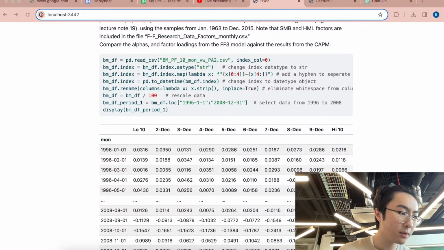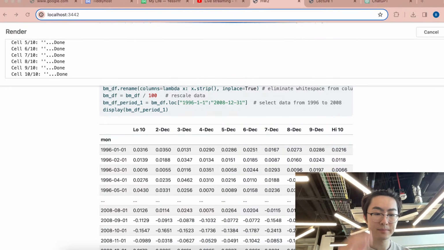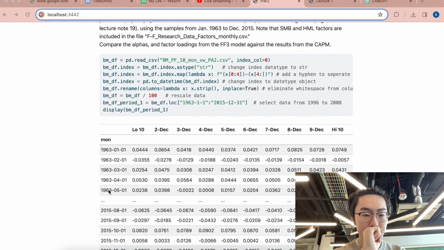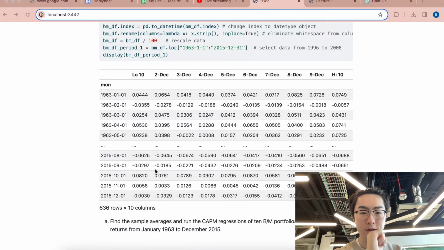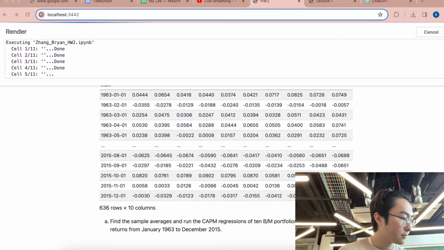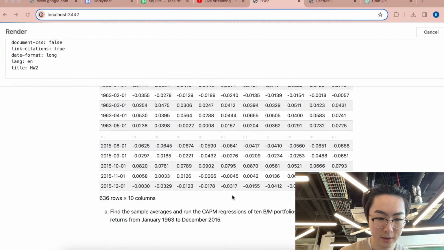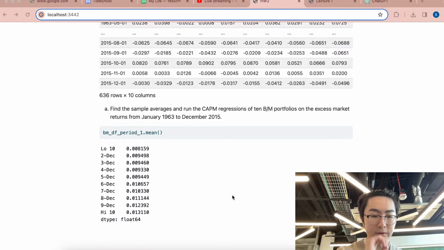So it's gonna be 1963 January, and then it'll go until December 2015. Okay, nice. So we have the returns here. Alright, now we have to find these sample averages. So I think what we could do is we could just call a simple Python function, and that'll just give us the sample average. So these are a sample average of monthly returns.